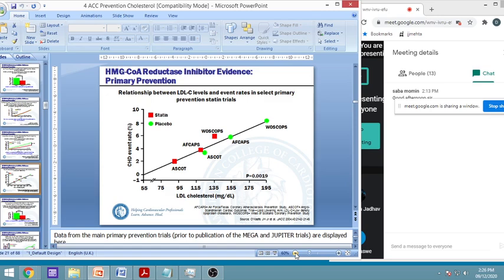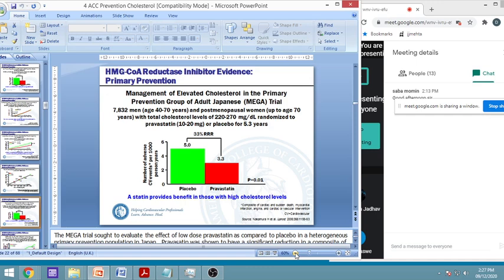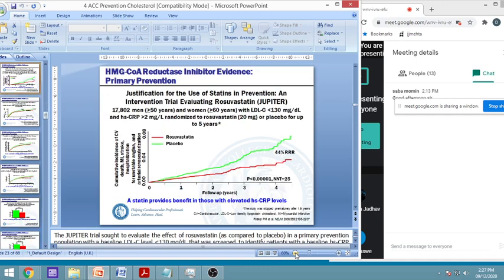It shows that these studies cause reduction in the death rate, with various event rates. Then the next was known as the MEGA trial in Japan, management of elevated cholesterol in the primary prevention group of adults in Japan. Here also there was a very big difference. Around 33% change was found in these persons having myocardial problems.